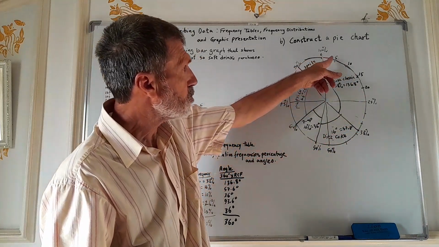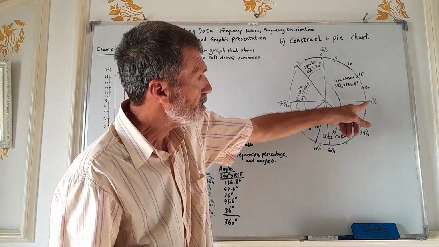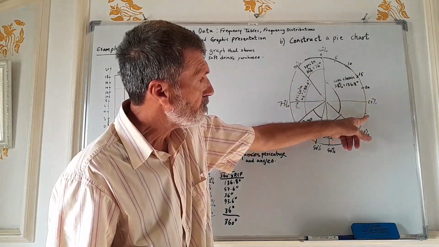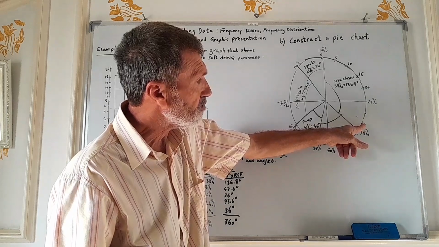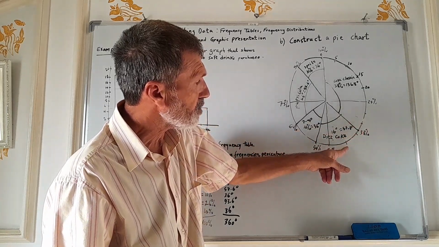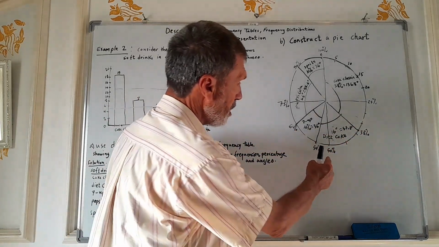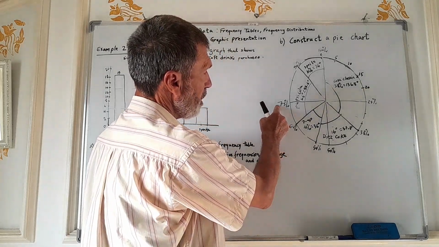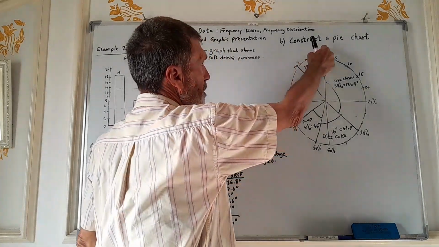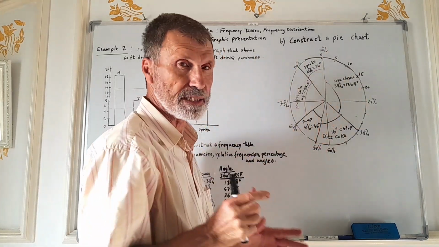You could mark 0, 5, 10, 15, 20, 25%, 30%, 35%, 40%, 45%, 50%, and so on up to 100%. It's very simple.